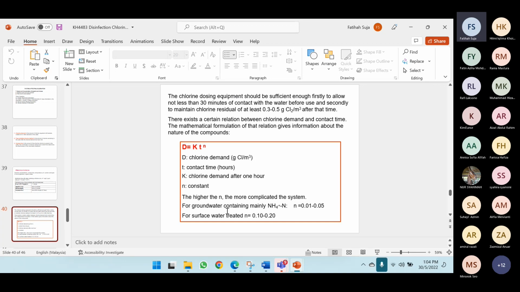For groundwater containing mainly ammonium nitrogen, the N is 0.01 to 0.05. But when you have surface water treated, N is larger, 0.1 to 0.2, then you know that it is more complicated and more polluted, depending on the value of N.